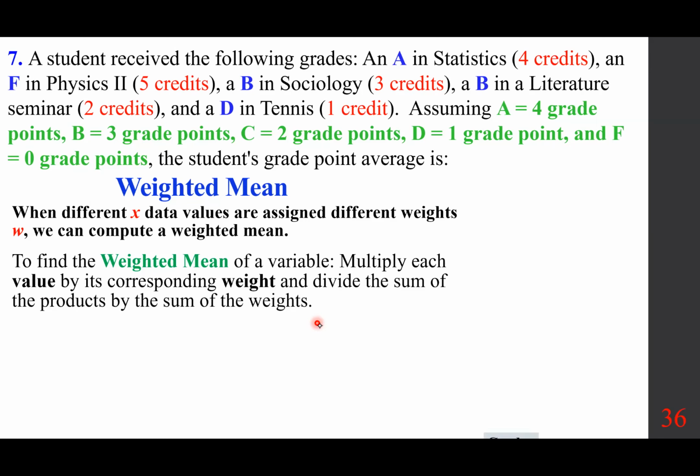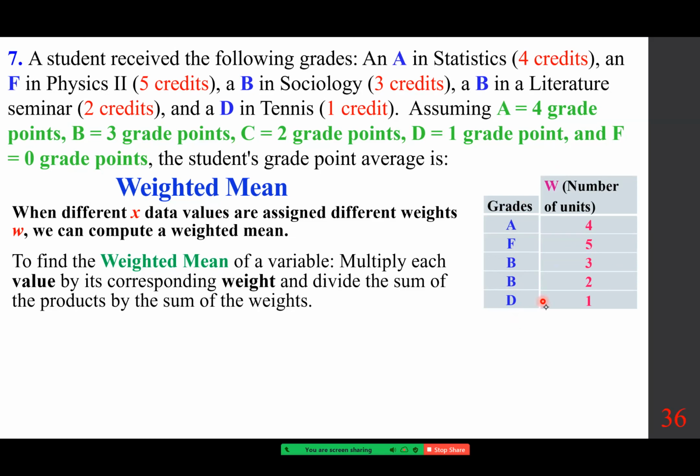So what do we have? We have the grades A, F, B, B, D. The number of units for A was 4. For F was 5 units. For B was 3 units.